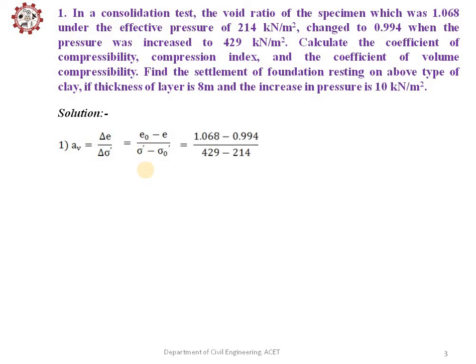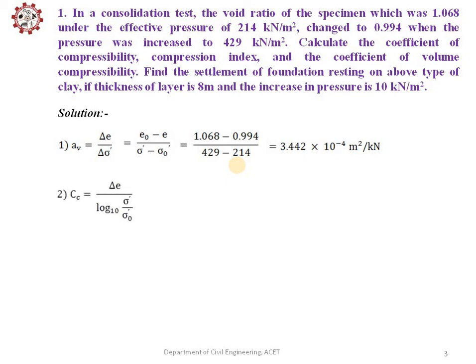So the initial void ratio is given as 1.068 and final is 0.994. Similarly, the effective stress final is 429 and initial is 214. So this comes to 3.442 into 10 raised to power minus 4 meter square per kilonewton.